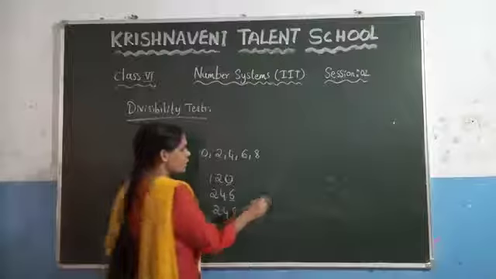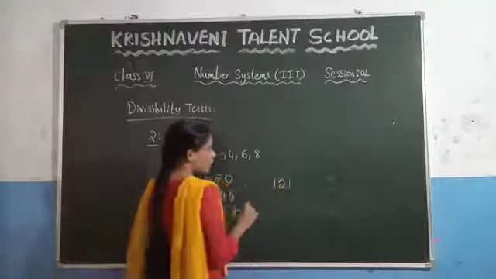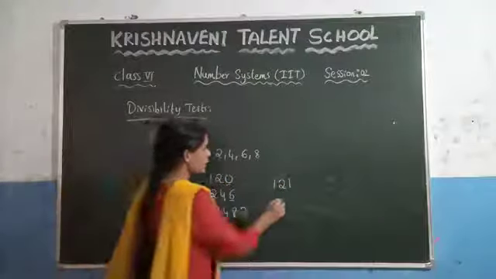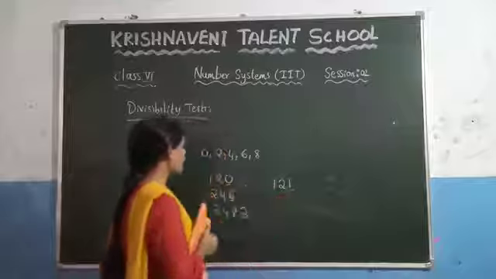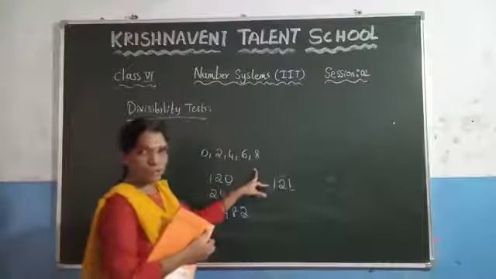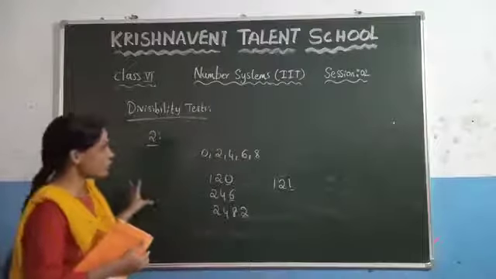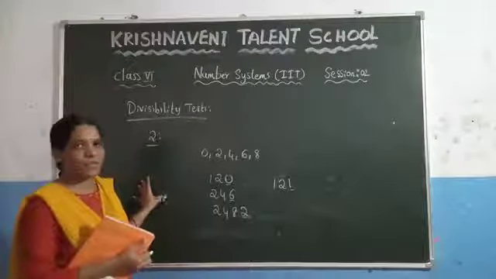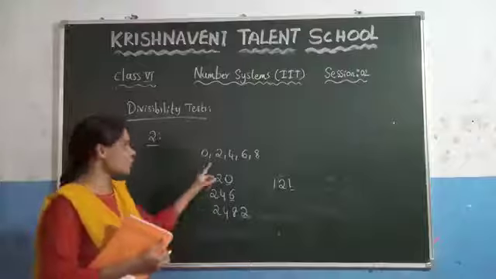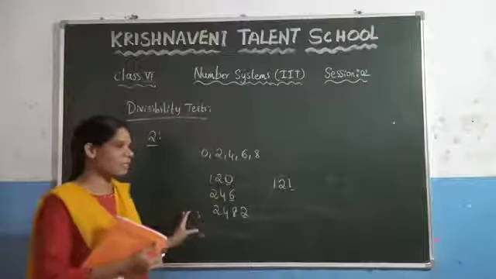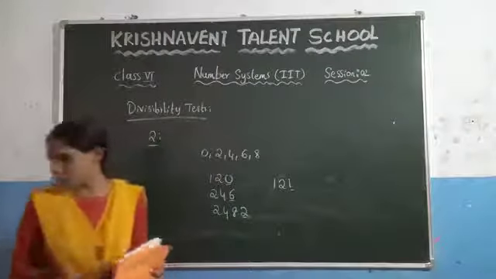If you consider one more number, 121, you can observe that the unit digit does not end with any of these digits, so this number is not divisible by 2. So the divisibility rule for 2 says that if the unit digit of a number ends with 0, 2, 4, 6, 8, then that number is divisible by 2.